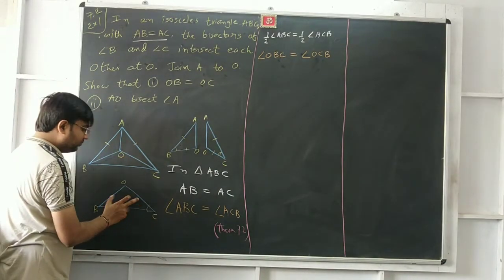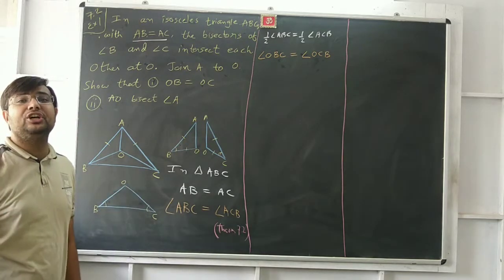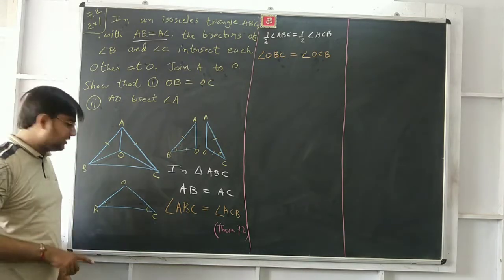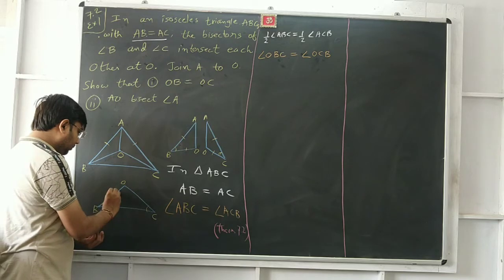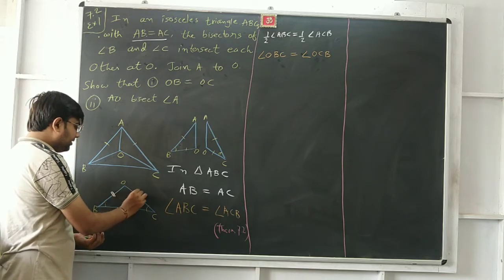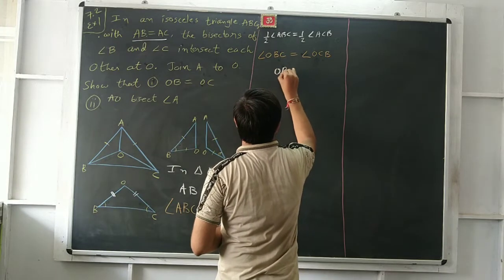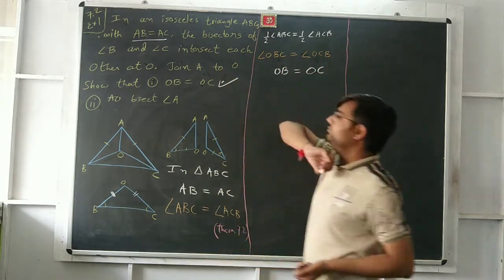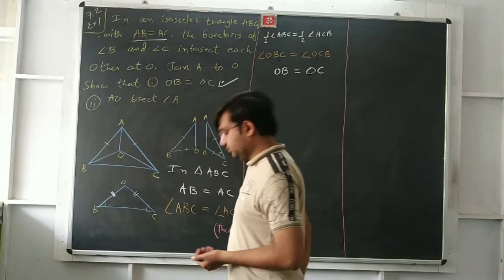Both angles are the same, so the opposite sides should be the same. This is given by theorem 7.3, which we studied in the last lecture. So I can write that OB is equal to OC. This is our first result. The first question is done.